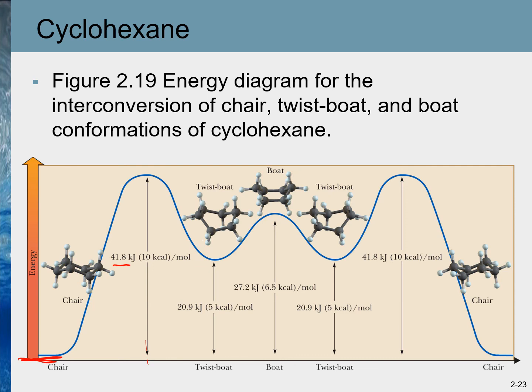Then twist boat is slightly more stable as compared to pure boat, and from the pure boat the molecule undergoes conformational change to become twist boat, and from twist boat it goes through the same energy barrier, and then it forms the second conformation of chair.